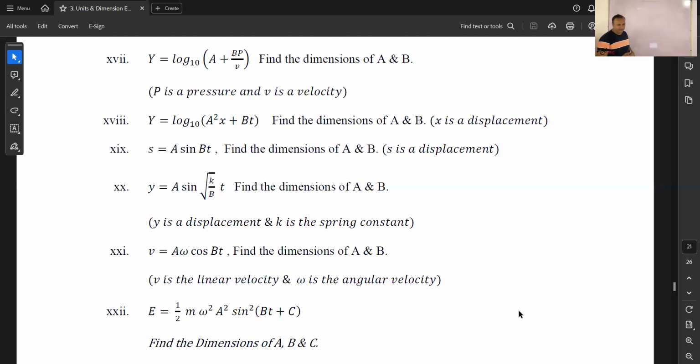Then the 20th one, look. Y equal to A sine of the square root of K over B into T. Y is a displacement.